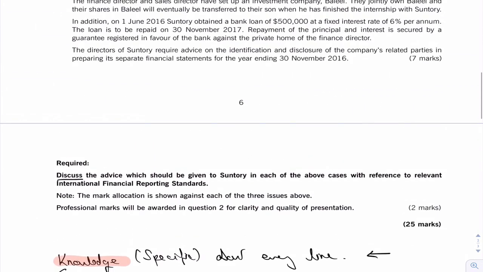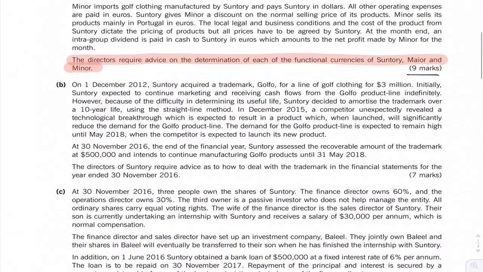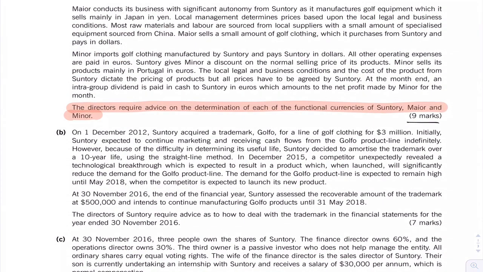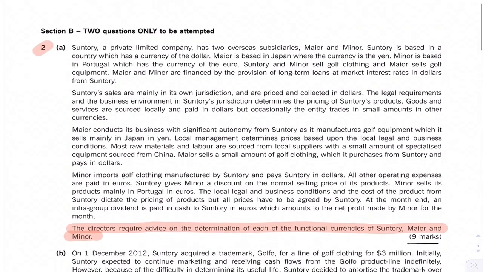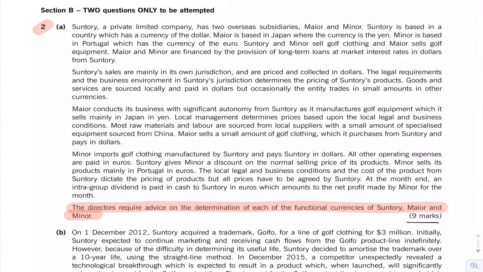Right, and now we're just going to go through the scenario. And remember, it wants it on all these 3 different companies. So, here we go then. Suntory, which is one we'll do first, is a country which has a currency of the dollar. And that's the main company. And that's all I really need to read about Suntory. And it says, right, Suntory sales are in its own jurisdiction.